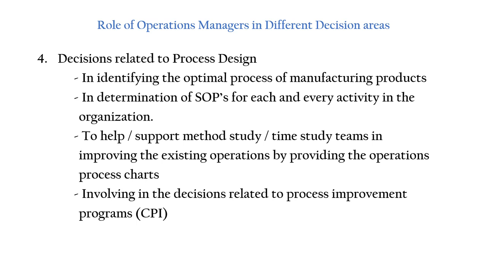CPI means continuous process improvement. So organizations always try to improve the existing processes in order to improve the productivity, utilization of the material or men or any other resources. So the operations manager also gets involved in the decisions related to the continuous process improvement programs.